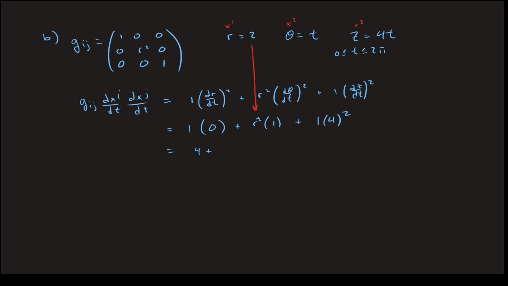So 4 plus 16, which is 20. So then the arc length s is equal to the integral from 0 to 2 pi of the square root of 20 dt, which is again 2 pi square root of 20.